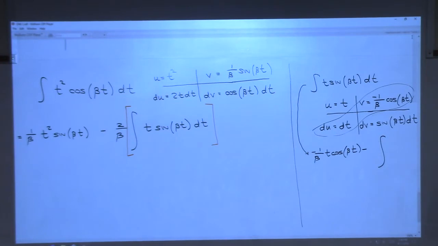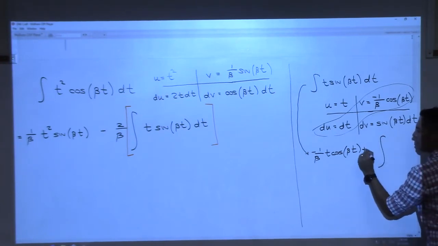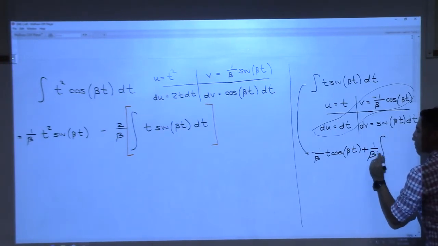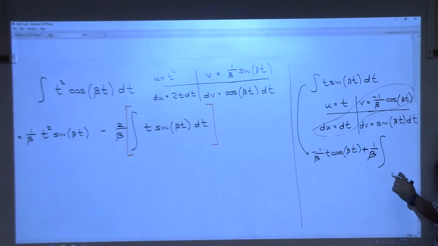Negative 1 over beta. So can I go ahead and just make this a positive 1 over beta then? Would it be safe to say that there's plenty of room for error here? Yeah, I think so. And then what's still in here? Sorry, we pulled the negative 1 over beta out, made it a plus. We have cosine beta t dt. And that's the goal. I wanted to get rid of that t, so I just had a trig function there.